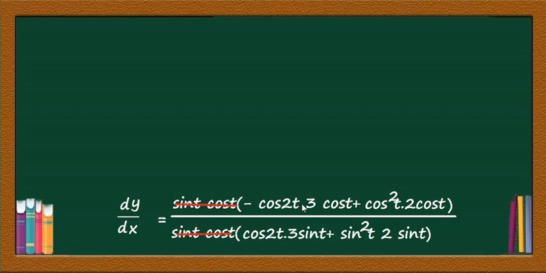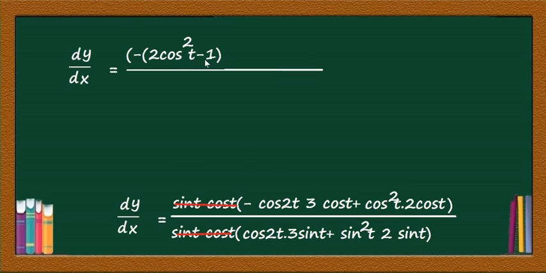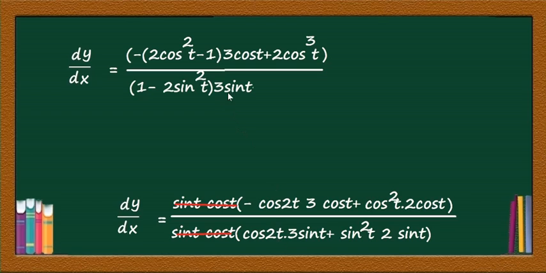You can express cos 2t in terms of cos, that is 2 cos square t minus 1. dy by dx is equal to minus of 2 cos square t minus 1 into 3 cos t plus cos square t into 2 cos t, which is 2 cos cube t, divided by cos 2t expressed in terms of sine, that is 1 minus 2 sin square t into 3 sin t plus 2 sin cube t.